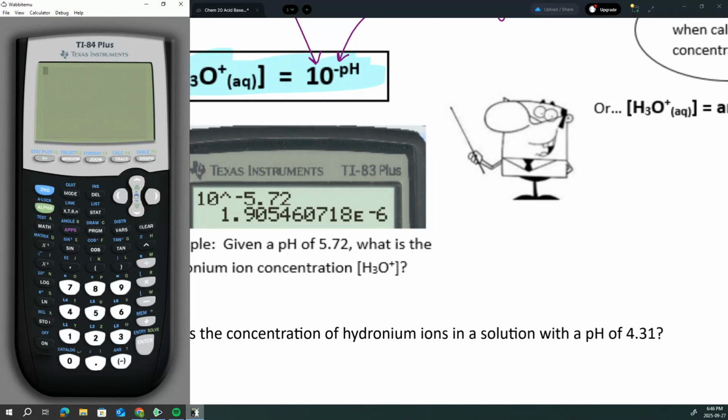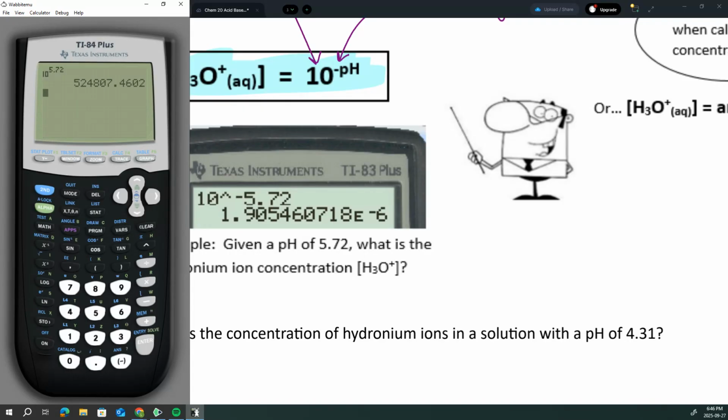Let's do it the incorrect way first. Second function log to get that 10 to the power of. If we just put 5.72 and hit enter, 524,807.4602. That isn't a reasonable value for your concentration of hydronium. So that's your dead giveaway that maybe you forgot something.